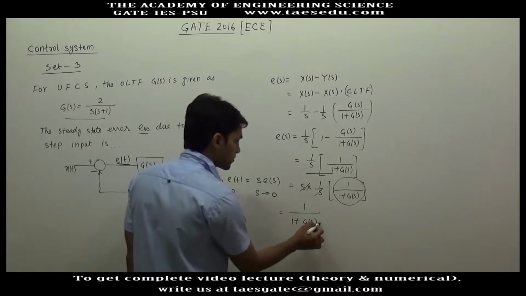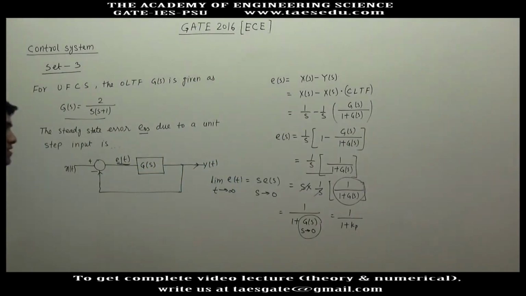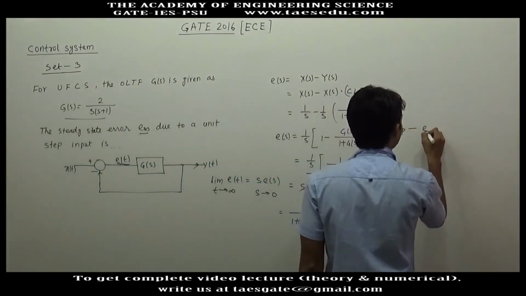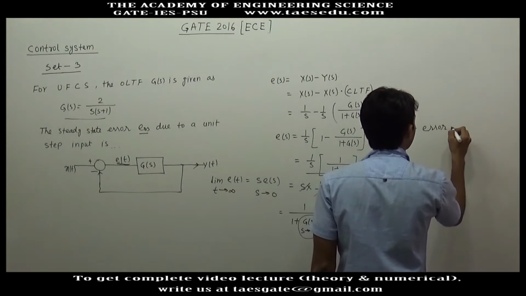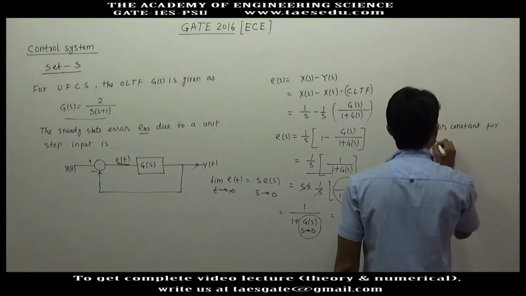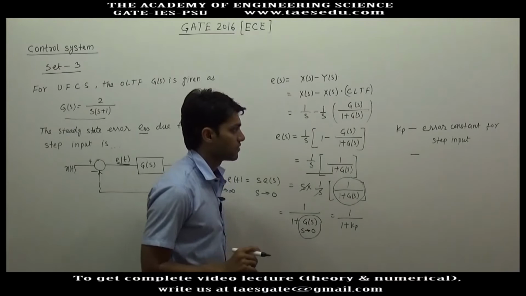So this quantity is also called Kp. This is the error constant for unit step, the error constant for step input, or this is also called the position error constant.